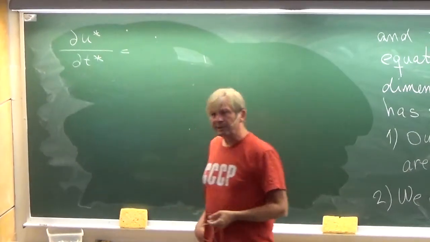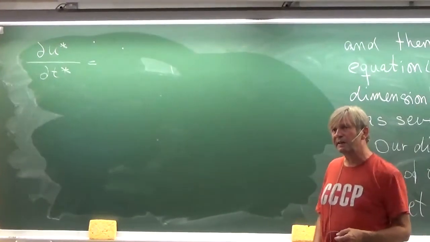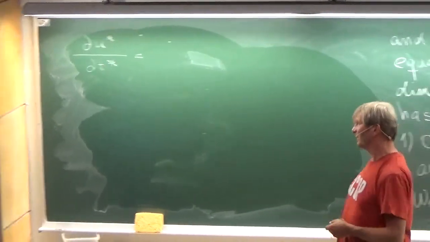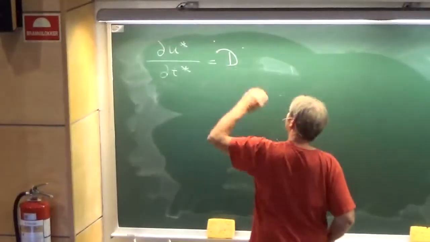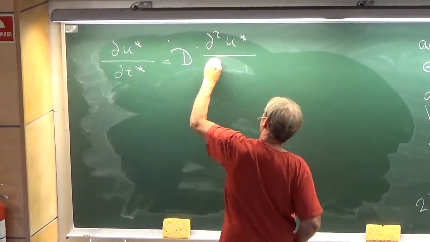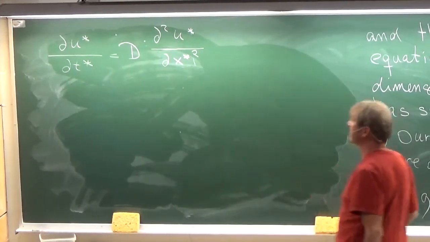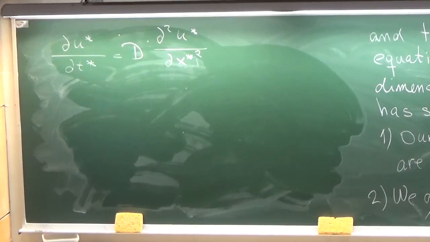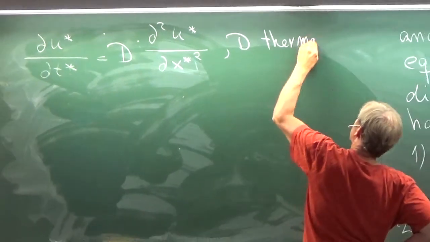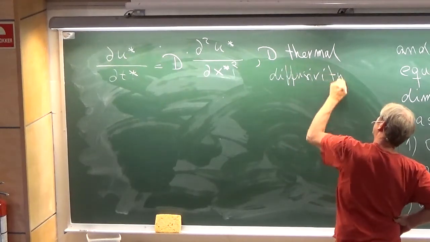Then we have this thermal diffusivity, which is the thermal conductivity divided by the specific heat capacity multiplied by the density of the medium. But we call it just D. That's the thermal diffusivity.